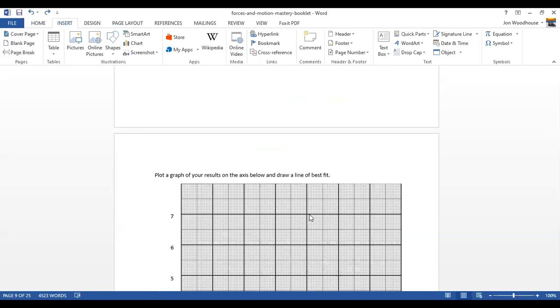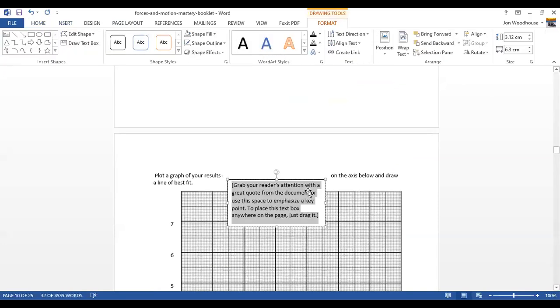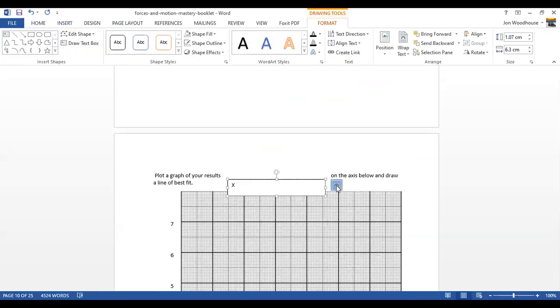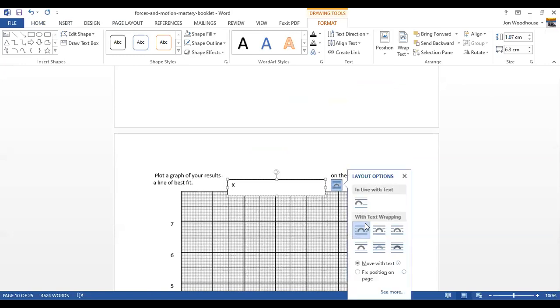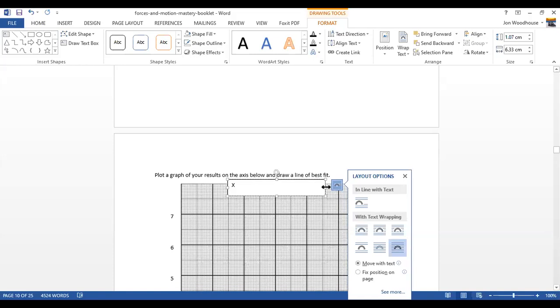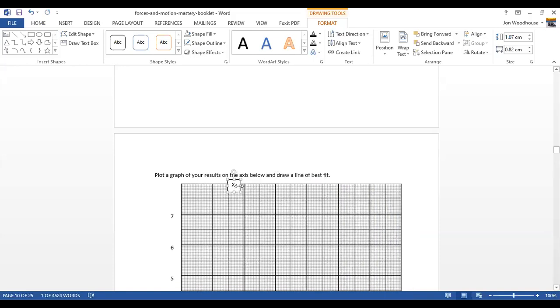I'm just going to insert a capital X. I'm going to first of all put that text in front of text. What I'm now going to do is I'm just going to get rid of the outline. So outline, no outline. I want no fill. So I can now move that around.